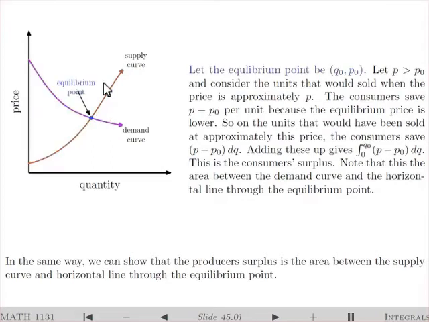Let me denote the equilibrium quantity by Q naught and the equilibrium price by P naught.